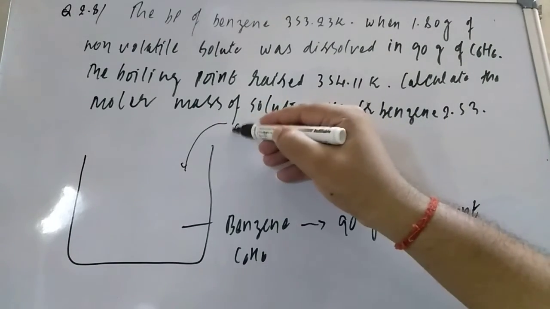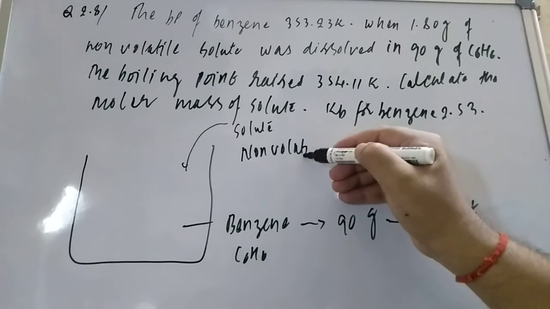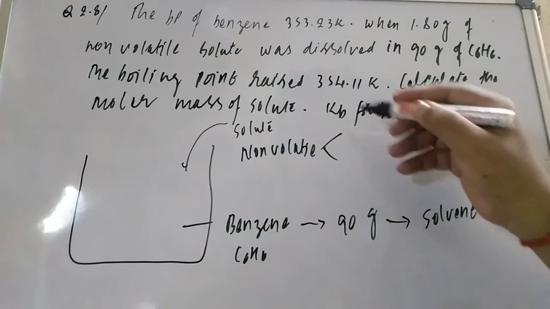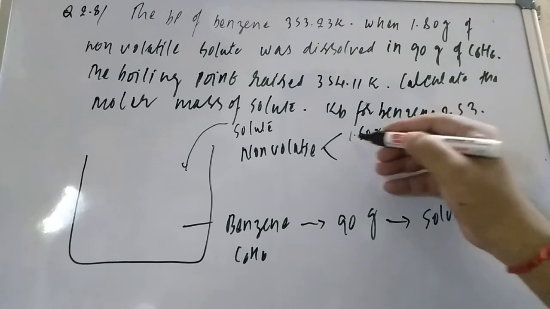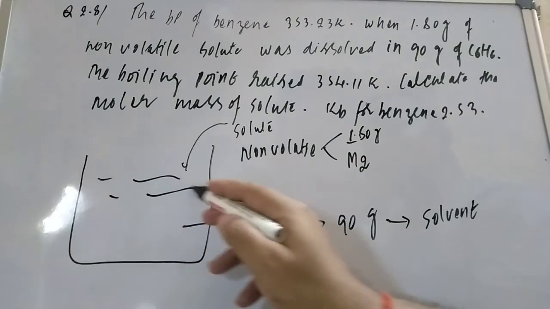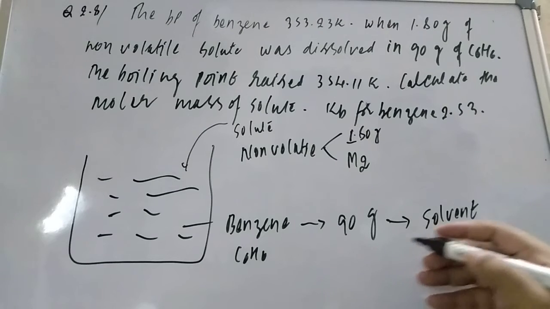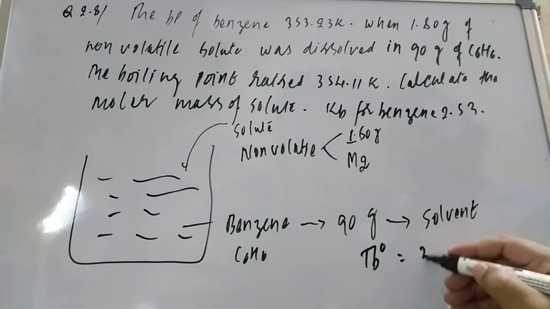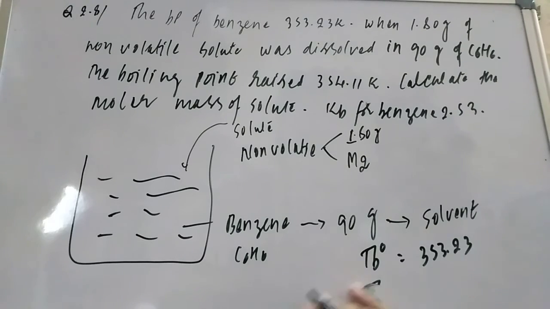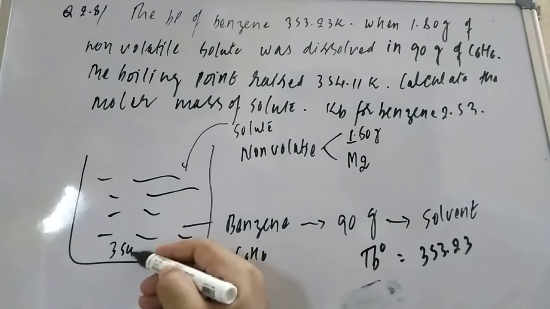And what solute are you adding, student? You are adding a non-volatile solute, 1.80 gram, and they are asking for M2. Initially the boiling point of benzene, so TB naught they have given, is 353.23, and TB, the boiling point of solution after dissolving, they are giving as 354.11.